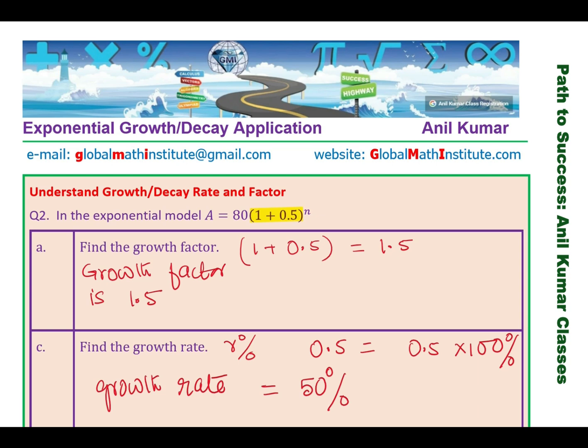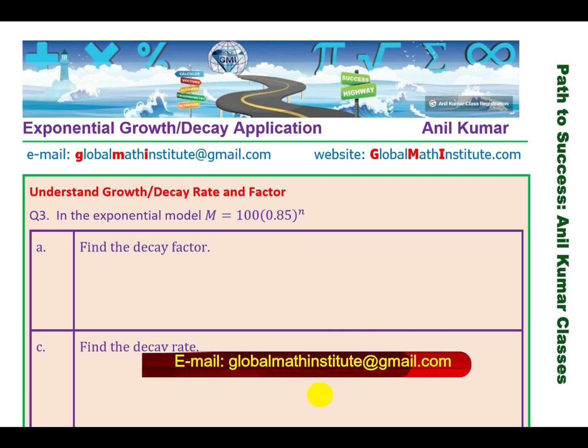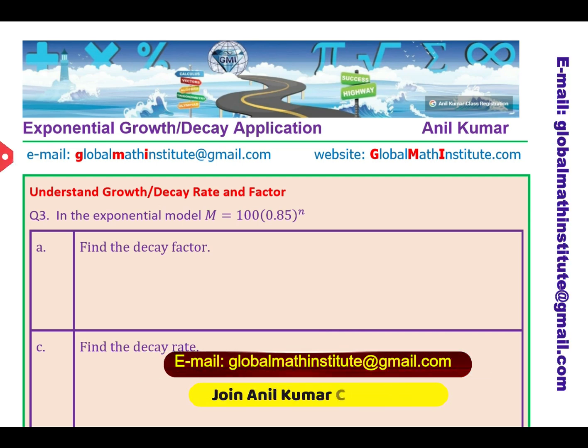Let's take the next example, which is of the other form of the exponential equation, which you normally see. In the exponential model, m equals 100 times 0.85 to the power of n, find the decay factor. Well, since 0.85 is less than 1, it represents exponential decay. So the graph will be kind of like this, right? Decreasing every time.